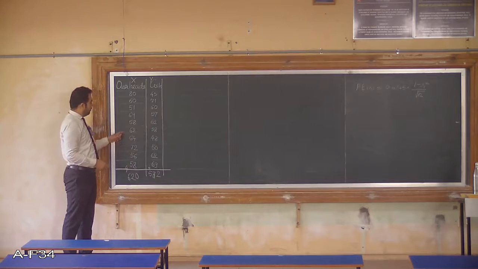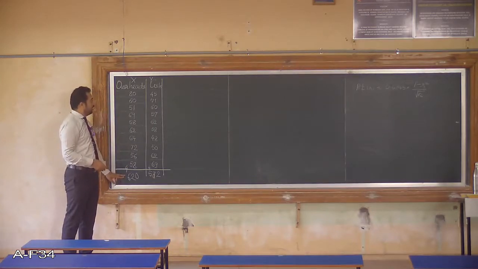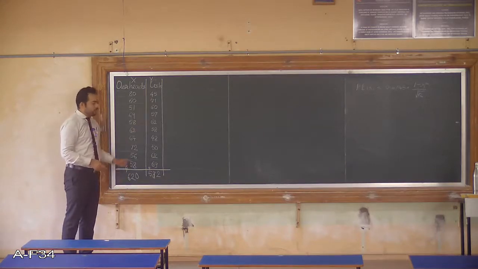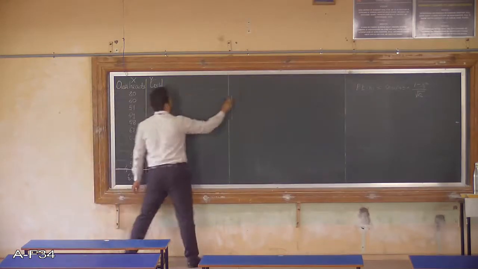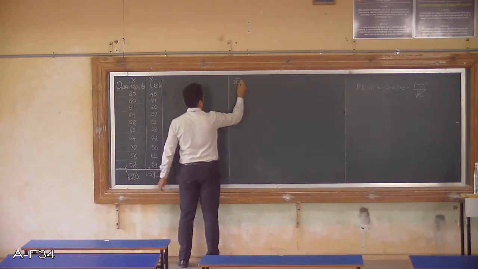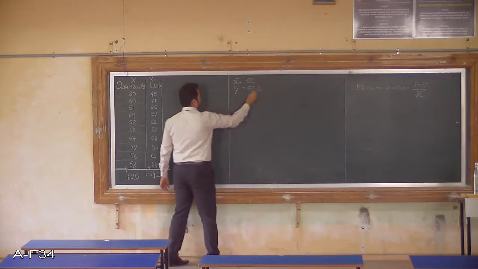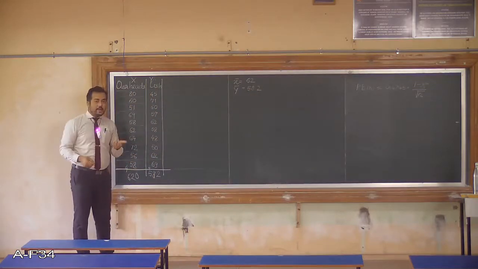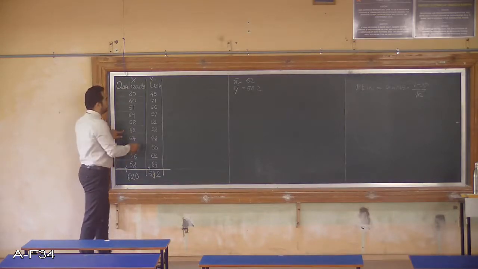We have a total of 10 values. So for x, the arithmetic mean would be 62, and for y it will be 58.2. Now we'll check whether we have the value 62 in this list. So we have 62 here, so we can go ahead with this.